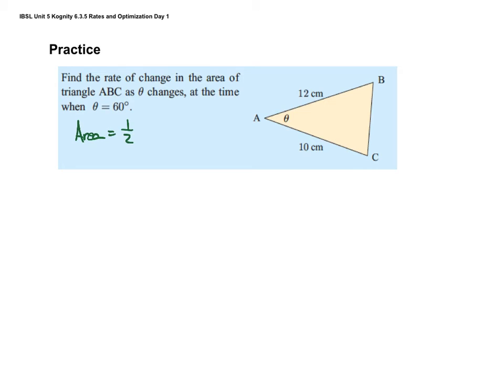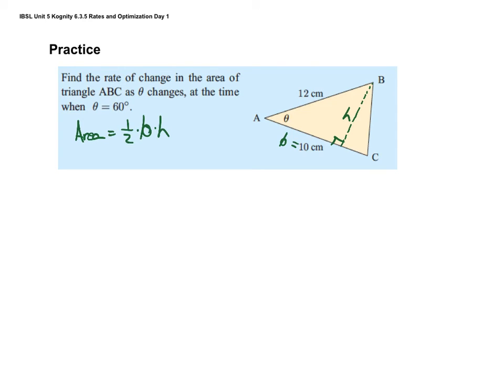We don't know the base or height here. Do you guys remember the other formula for area when we know two sides and the angle between them? It's actually sine, not cosine, but we do need to use trig. Let's rederive it real quickly. This is our height, and the base would equal 10. So the area is 1/2 times the base times the height.